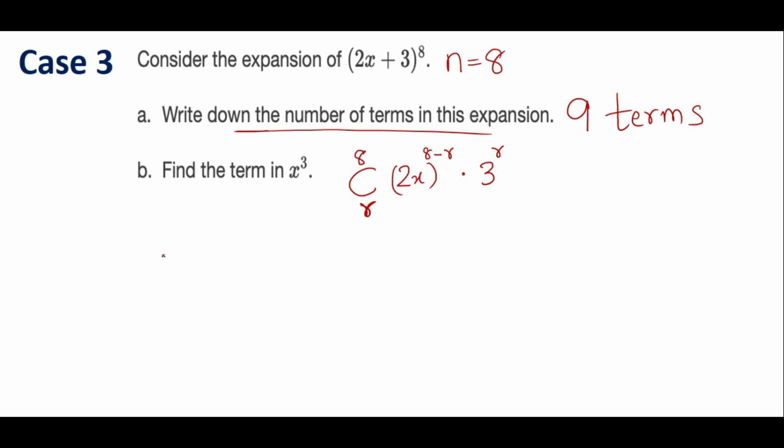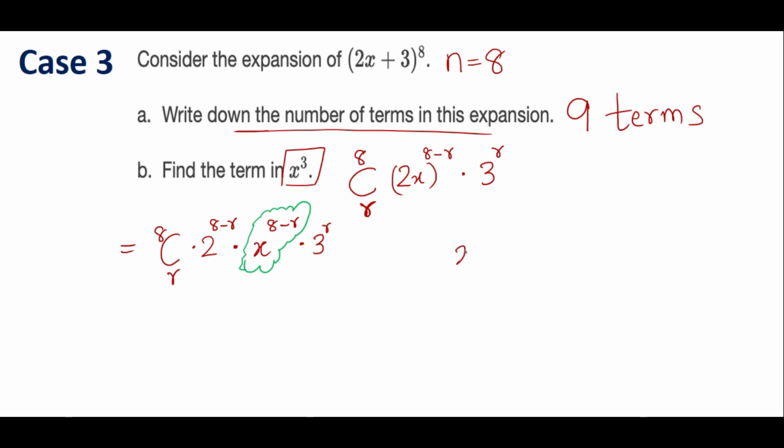Now let me expand this expression more. So 8Cr, 2 to the power of 8 minus r, I have x to the power of 8 minus r multiplied by 3 to the power r. Now this is the term that we are looking for, and they said find the term in x cubed. So here what we need is an x cubed.